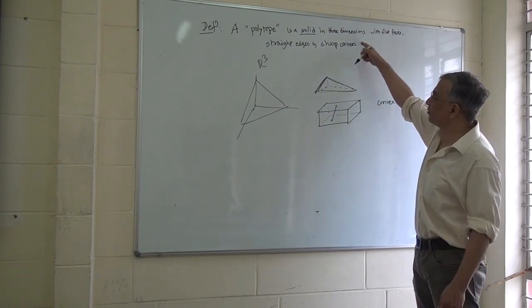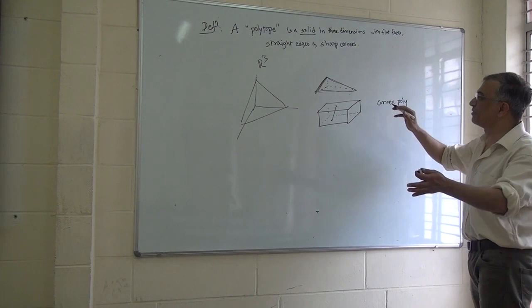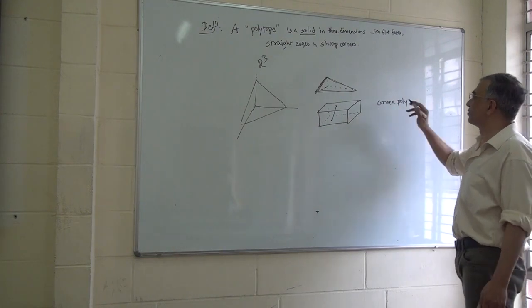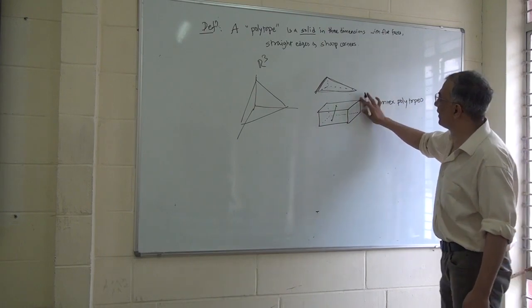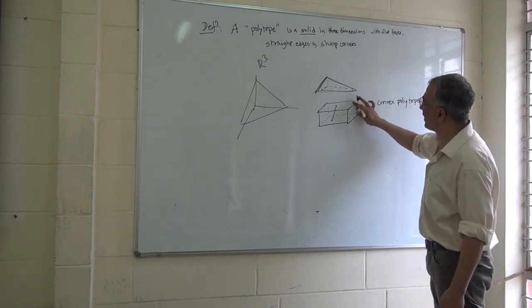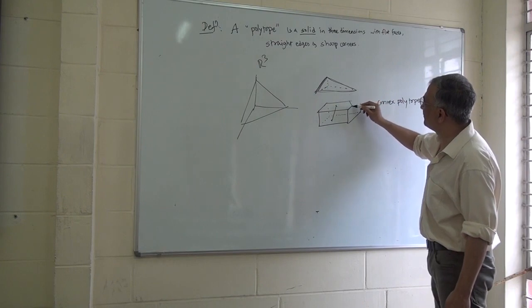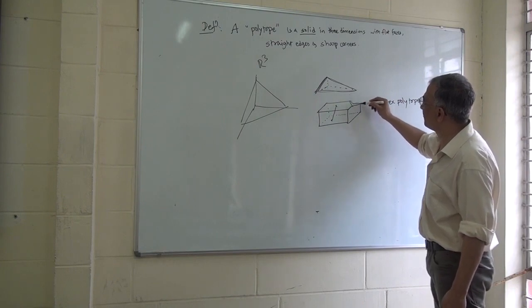So I defined polytope, and now I am defining among all possible polytopes some nicer polytopes called convex polytopes. So for example, it doesn't bend inside. Suppose I have something like this, a piece chopped off.